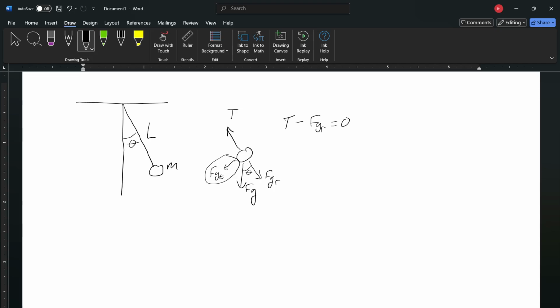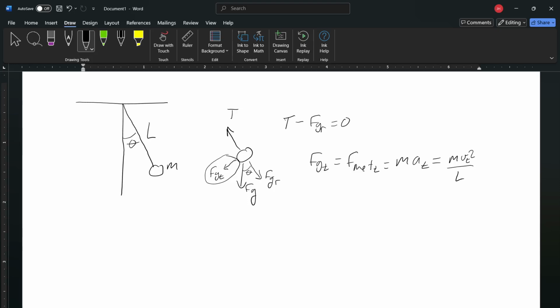So that means that we have F_GT equals F_net,T equals m a_T, which we know for circular motion equals v_T squared over R, and R in this case is L.